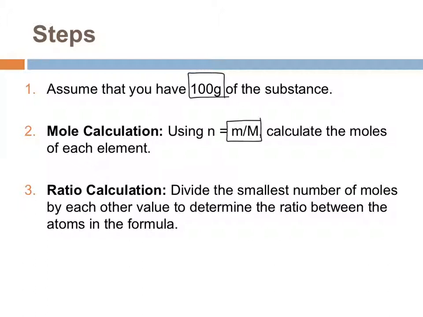Finally, we're going to do a ratio calculation where we're going to find the smallest number of moles in the previous step and divide each of the other values by this number to determine the ratio between the atoms in the formula.